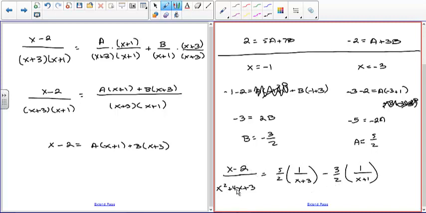And so these are equivalent to each other. And if I plotted them, I would get the same curve.